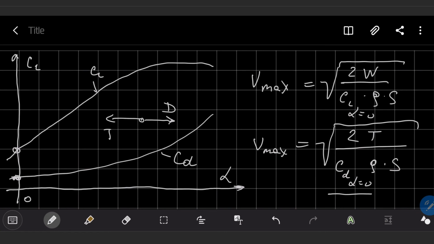This is why we usually work on maximum velocity with zero angle of attack, because at this zero angle of attack, drag coefficient has its minimum value. So the minimal possible thrust, and minimal power and fuel consumption, is also exactly at the point of zero angle of attack, or very close to zero angle of attack.